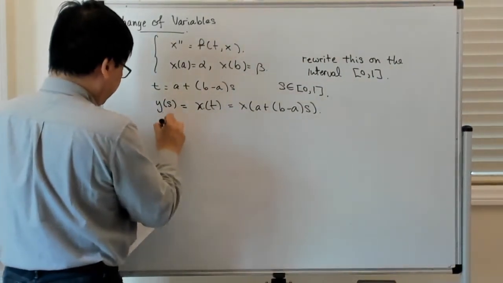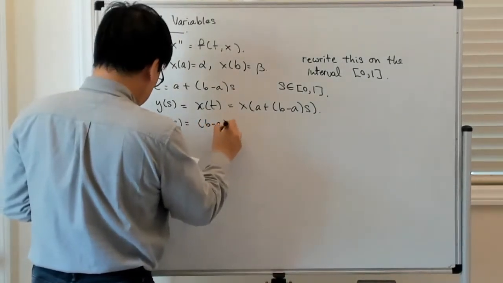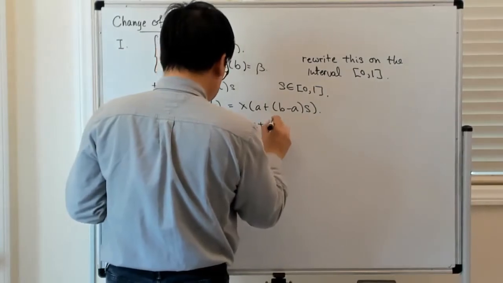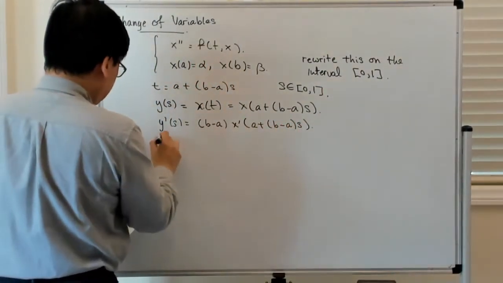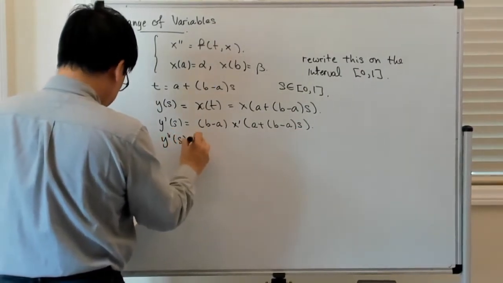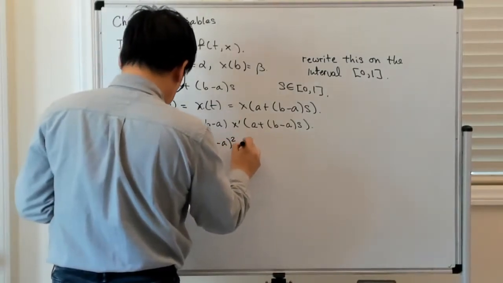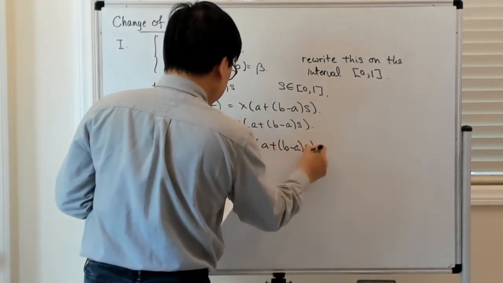So y prime of s is b minus a times x prime of a plus (b minus a)s, and then y double prime of s is equal to b minus a squared times x double prime of a plus (b minus a)s.